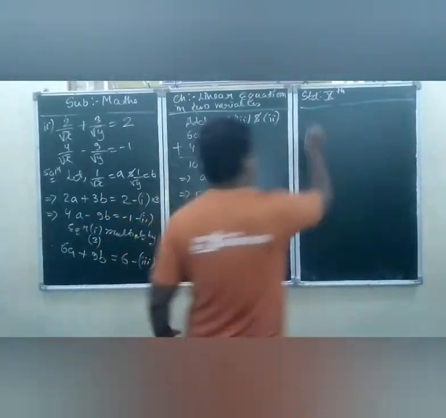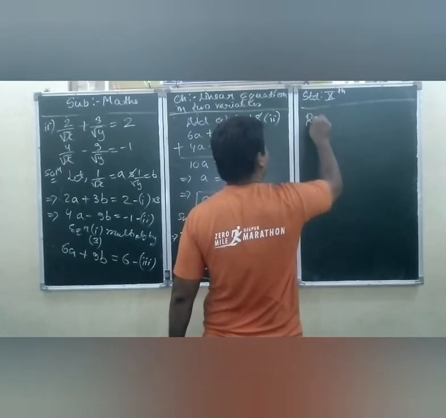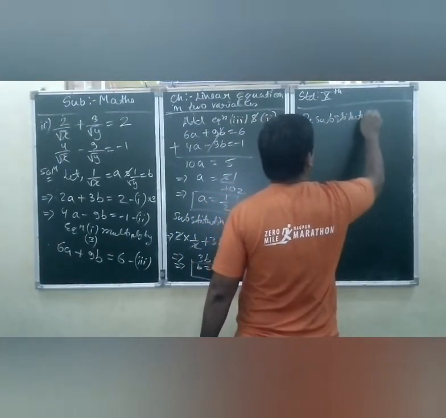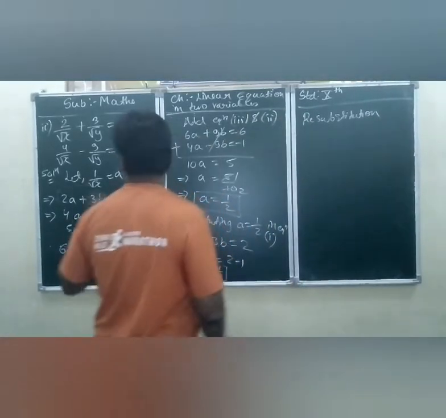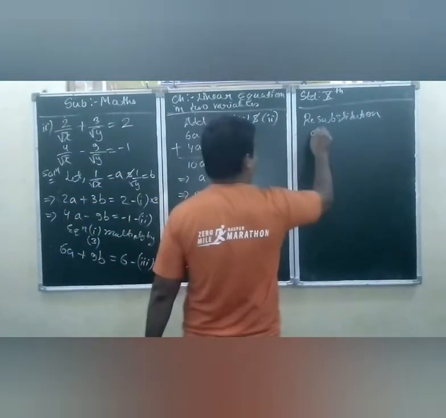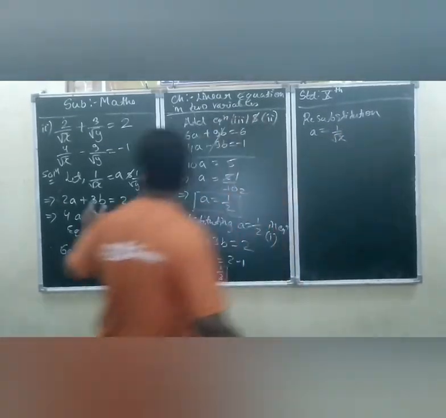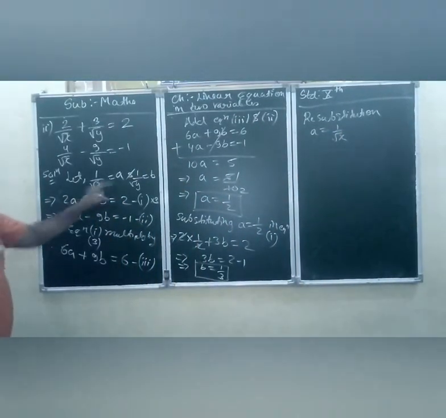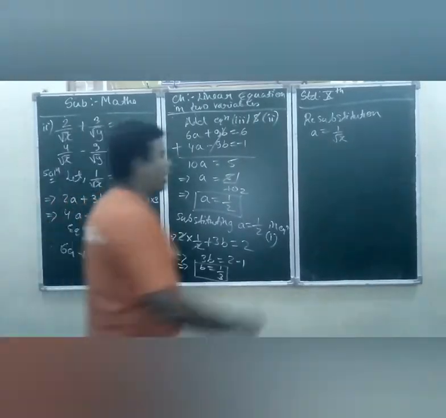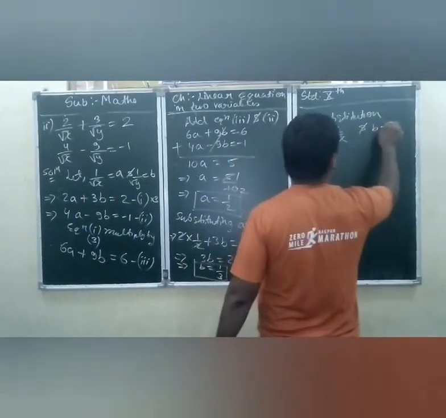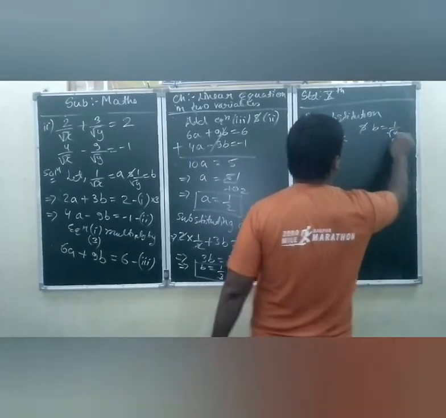So resubstitution. a equal to 1 by root x, because first we took 1 by root x as a. Now a equal to 1 by root x and b equal to 1 by root y.